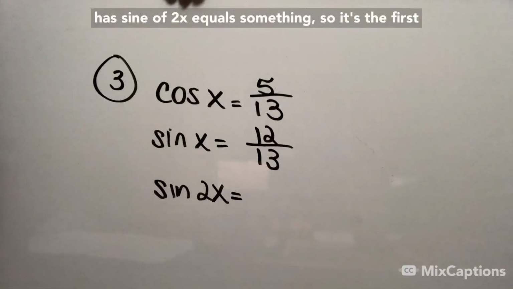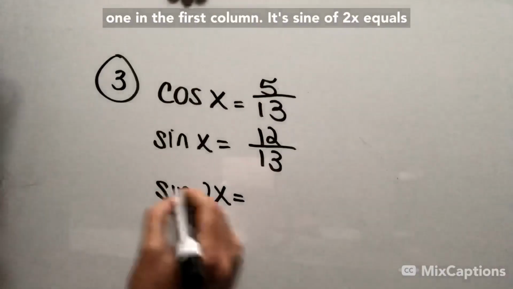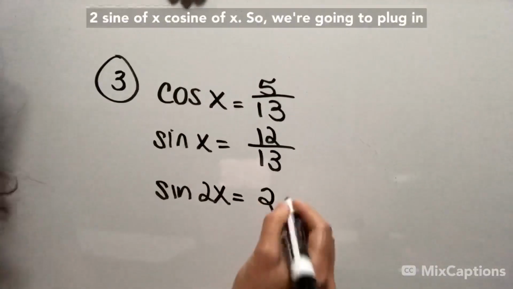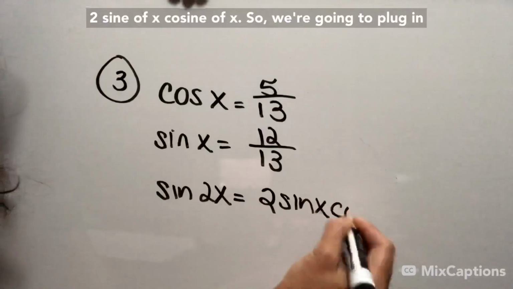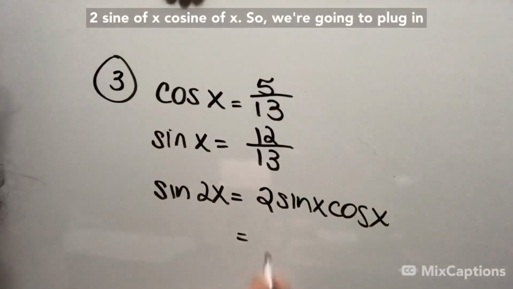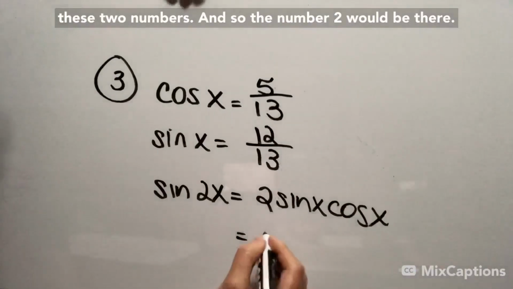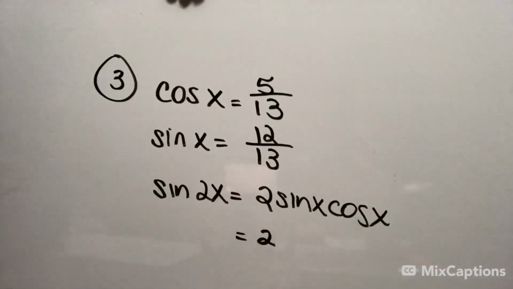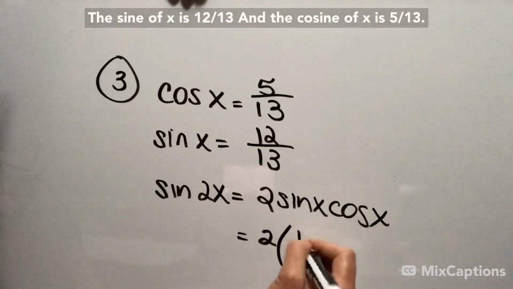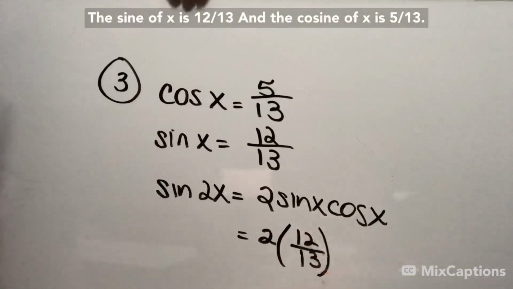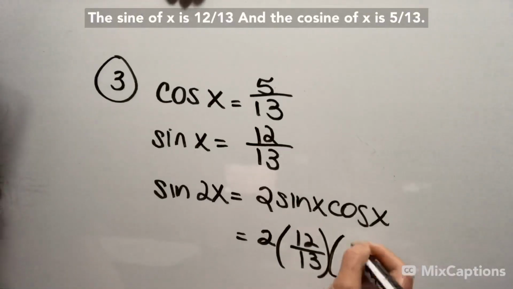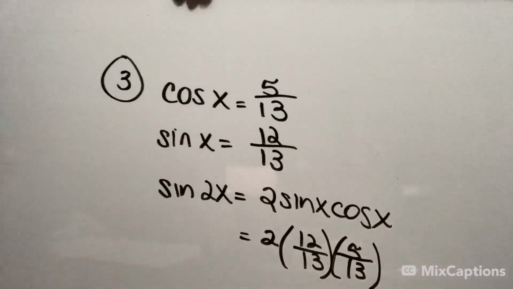It's the first one in the first column: sine of 2x equals 2 sine of x cosine of x. So we're going to plug these two numbers in. The number 2 would be there, the sine of x is 12/13, and the cosine of x is 5/13.